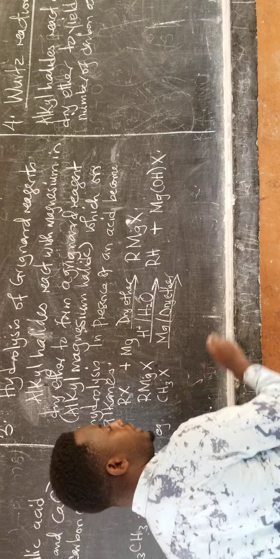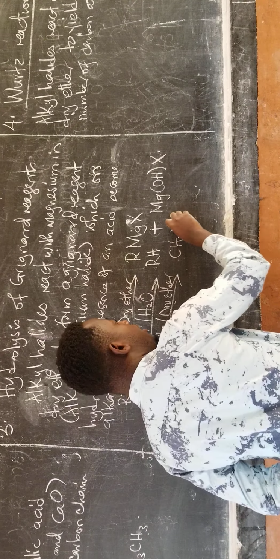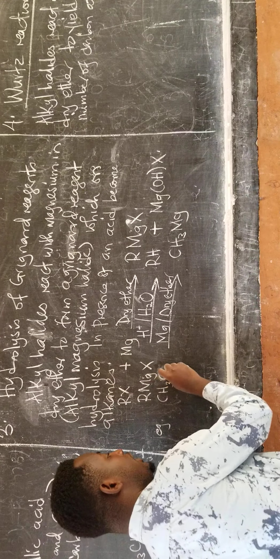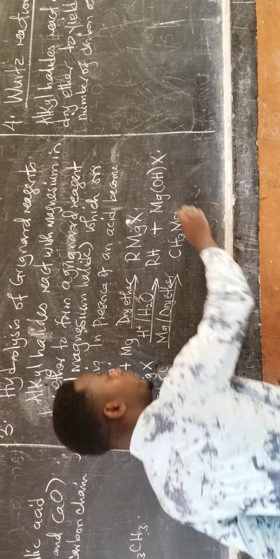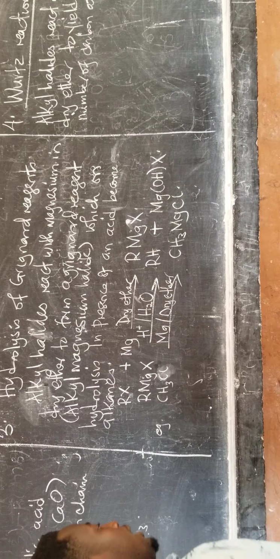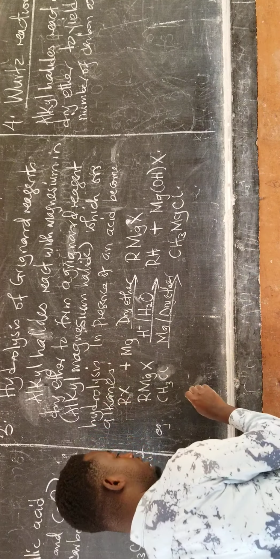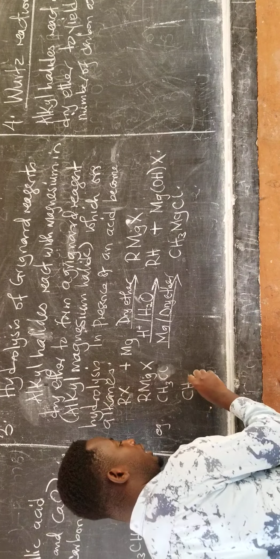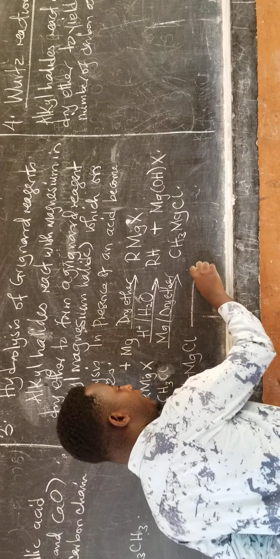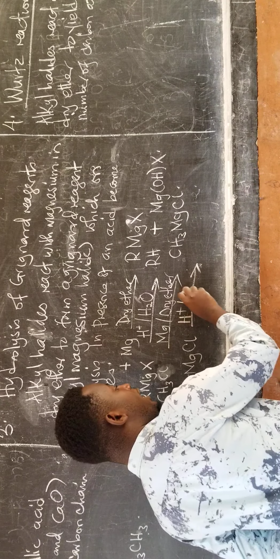We said we are going to form CH3Mg, and in this case the halide is Cl, so it will be Cl there. So that methyl magnesium chloride, I bring it here, CH3MgCl. I said in this case we are going to hydrolyze in presence of an acid.